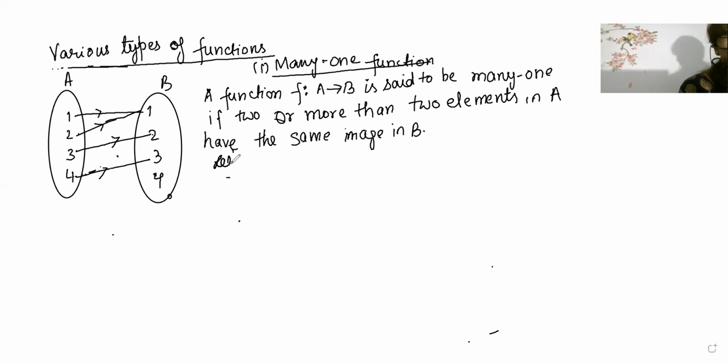Let A is equal to 1, 2, 3, 4, we have seen. This example we have already seen, but now we are going to go specific. Now we are going to check the explanation of a very specific question.